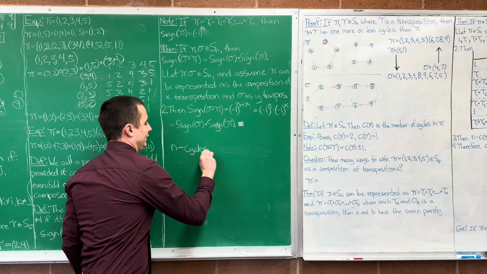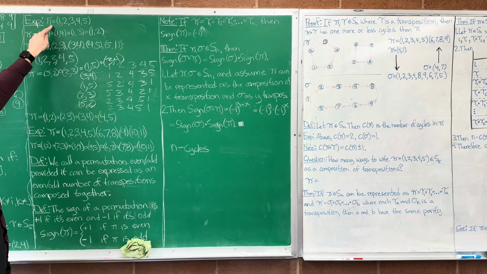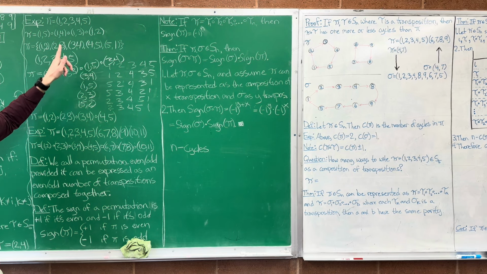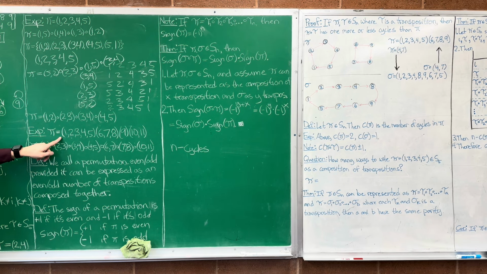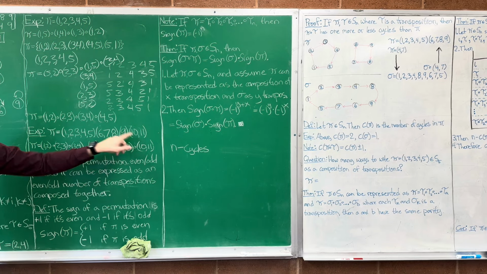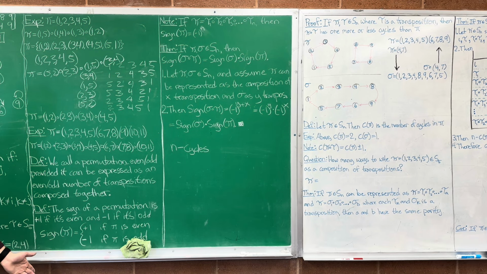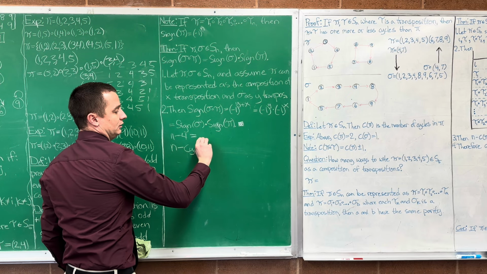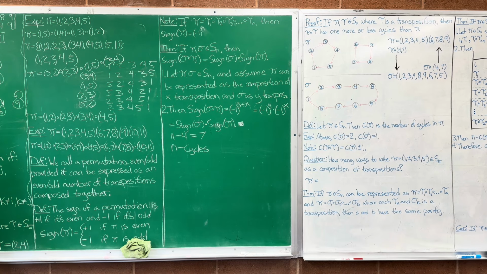We'll have a way of representing that. Up here we had 5 minus 1 is 4. So it was going to be even. This one, how many cycles does this function have? 1, 2, 3, 4. 4 cycles. And so if you do 11 minus 4, you get 7. Yeah.